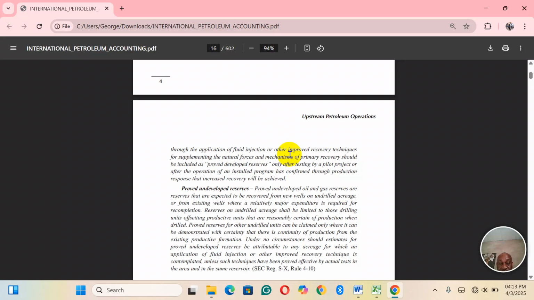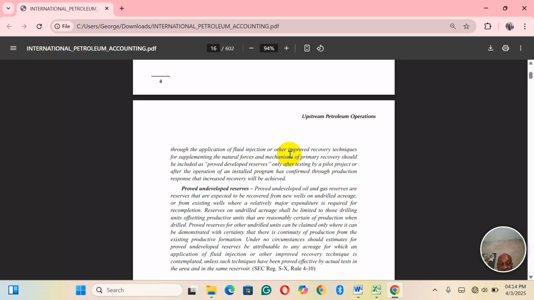Reserves on undrilled acreage shall be limited to those drilling units offsetting productive units that are reasonably certain of production when drilled.